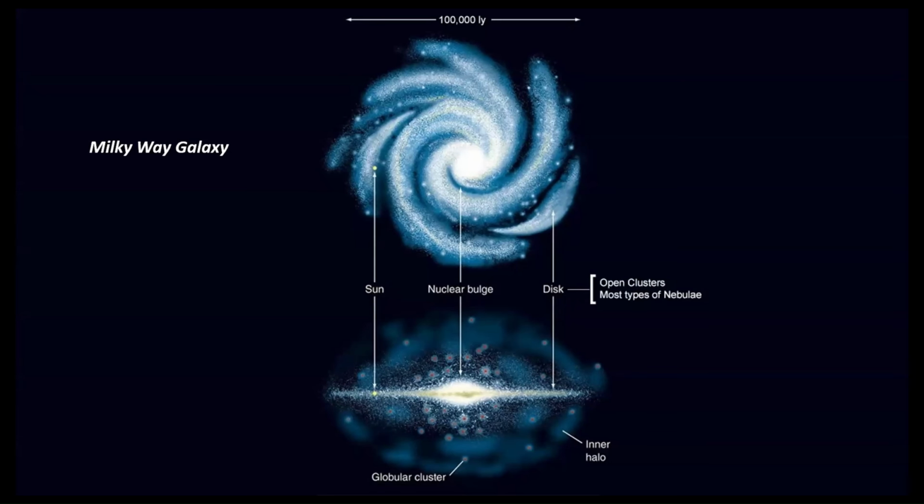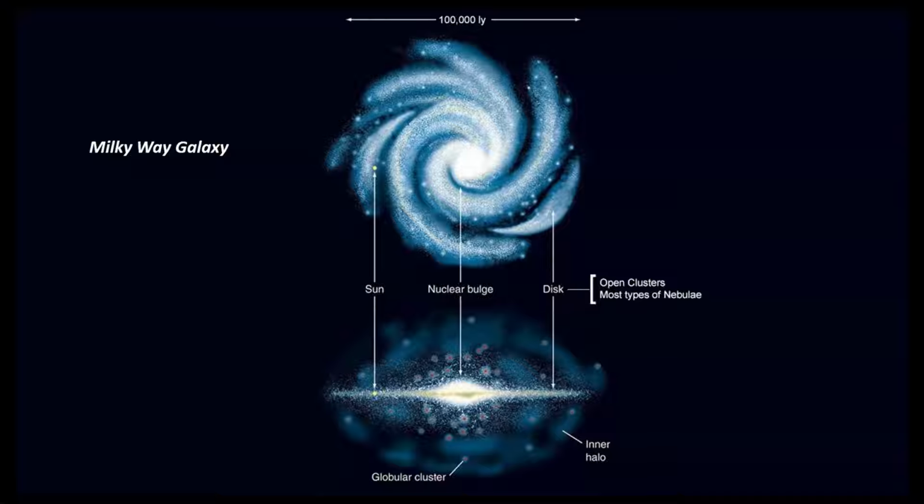So here we see a diagram of the Milky Way. Of course, here's the disk where we live. There's the sun, about, again, 2/3 from the galactic center, roughly 28,000 light years, as we mentioned earlier. And we have the central bulge, where we have a supermassive black hole that I'll mention later. And around the bulge is the halo. You find a lot of old red dwarfs in that region, or maybe some white dwarfs.